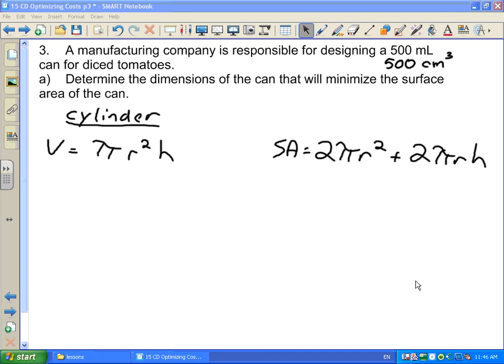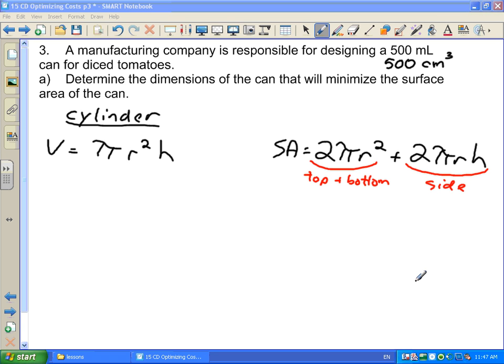Now, what do these terms represent here? The 2 pi r squared is the top and the bottom, that's why there's the 2 out front. And the 2 pi r h is the lateral surface, or the sides. I guess there's only one side because it's a curved surface. So these are the two equations that we have.